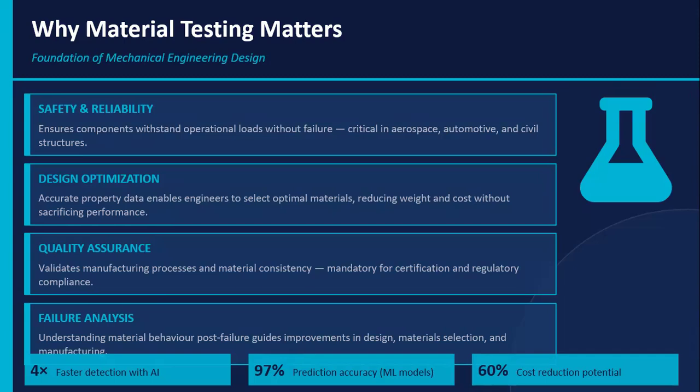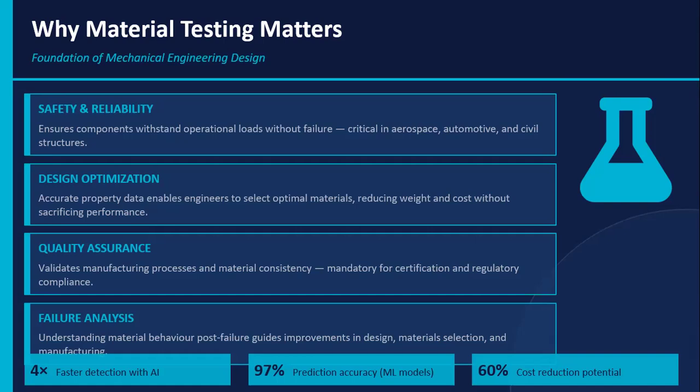Now let us discuss the foundation of mechanical engineering design. Why material testing matters very much. Material testing is highly essential for ensuring safety, reliability, and performance. Engineers generally rely on material property data to design mechanical components that can withstand operational loads and environmental conditions.